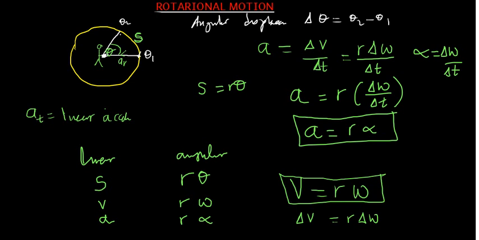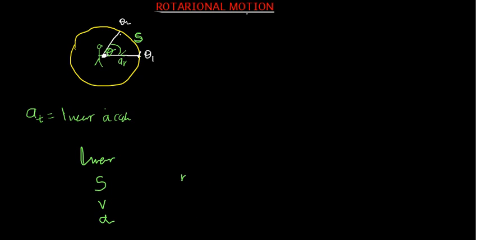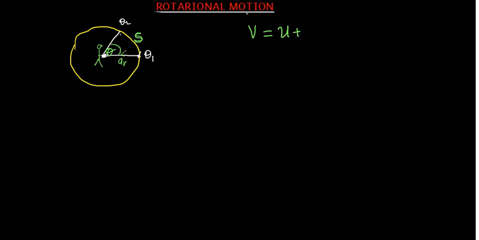Now, having understood this, even as we go to some practice questions in the next video, you should not forget the equations of motion. We know that final velocity is given by initial velocity plus acceleration times time. Another thing we know is that final velocity squared is equal to initial velocity squared plus 2 times acceleration times distance.